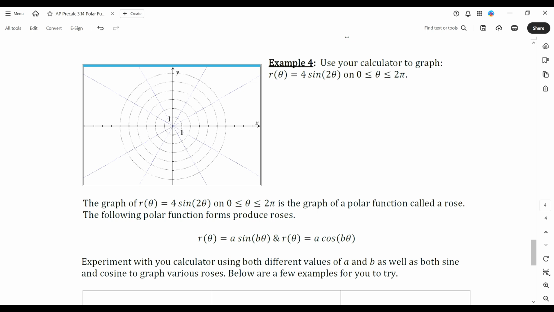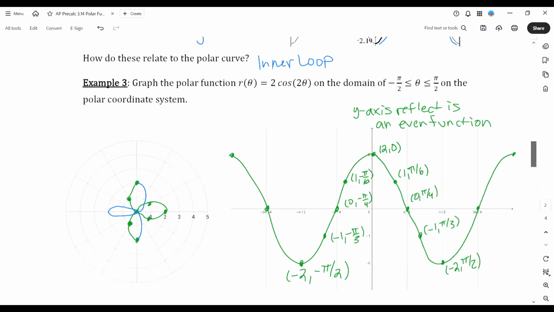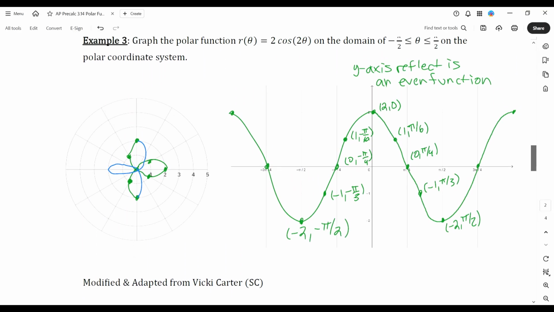One thing that's important to recognize is that when you saw the rose curve up here with cosine, the petals are on each of the axes. But why would we have the same graph if we changed it to sine?